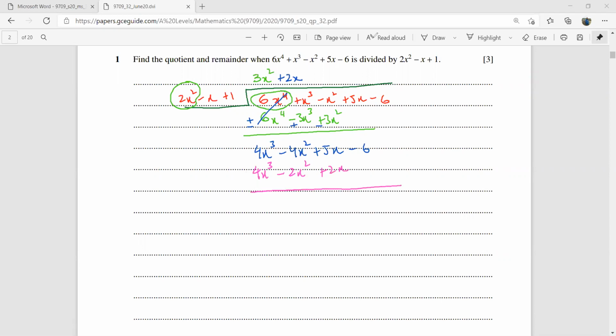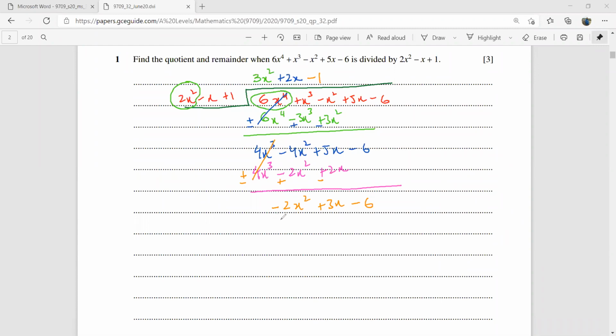We change the signs because we are subtracting these. So this is minus 2x squared plus 3x minus 6.